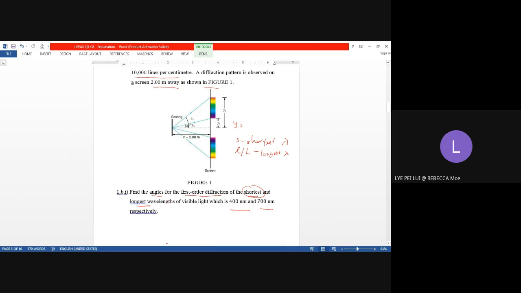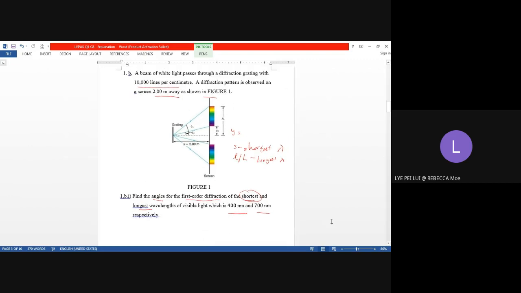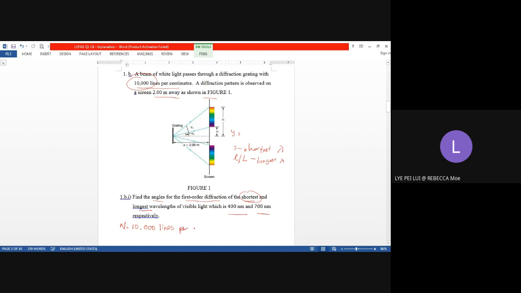Before we start our calculation, let us list down all the information that is given. So n is given, 10,000 lines per cm. And the distance D from grating to screen is given, 2 meters away. What else?